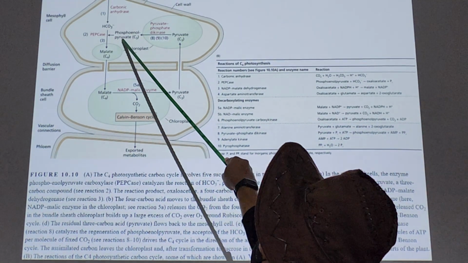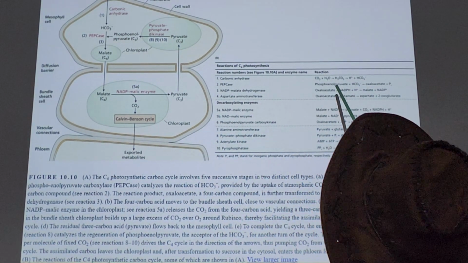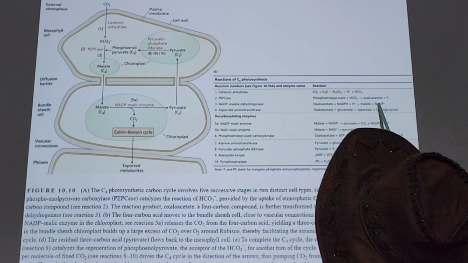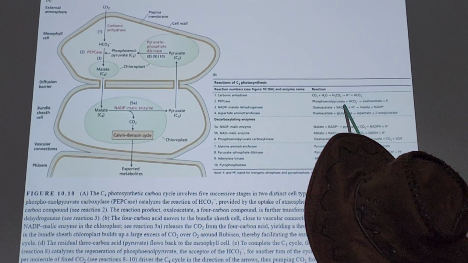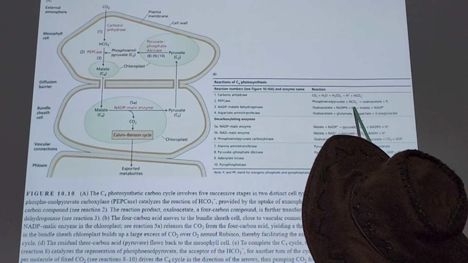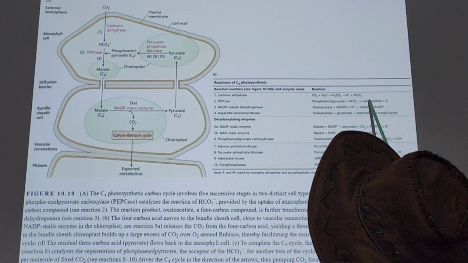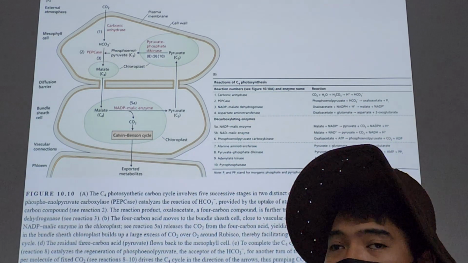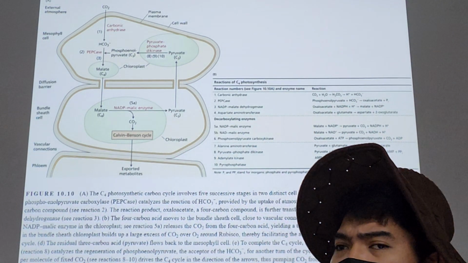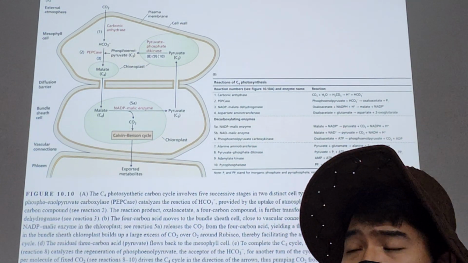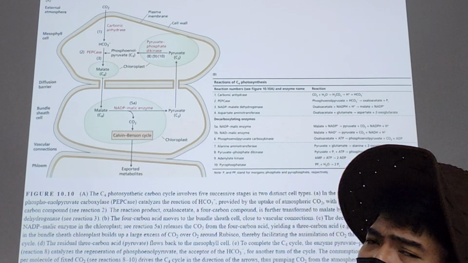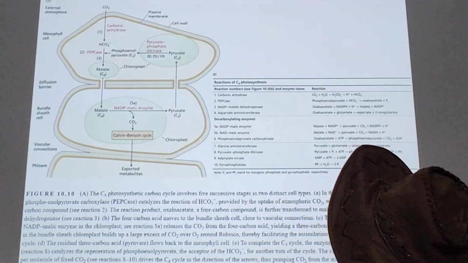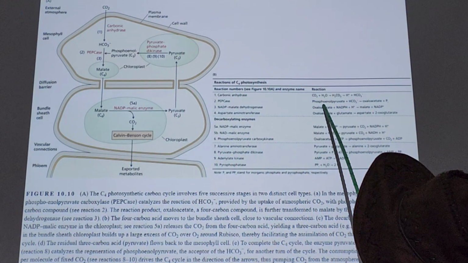This PEP now becomes oxaloacetate after it has reacted with bicarbonate ion. Look at here, okay? It becomes oxaloacetate plus Pi, inorganic phosphate. Sometimes in the book it doesn't say Pi, it says orthophosphate. Kind of the same thing.